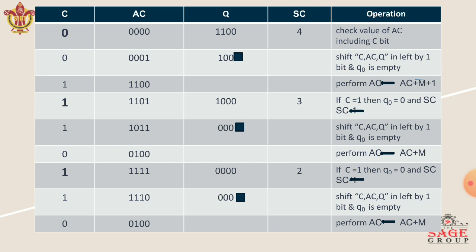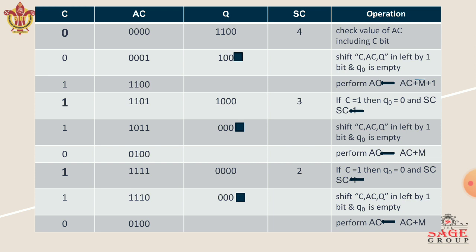So start solving the question. Check the value of AC including C bit. Firstly, I check the value in the question: the value of C is 0, the initial value.